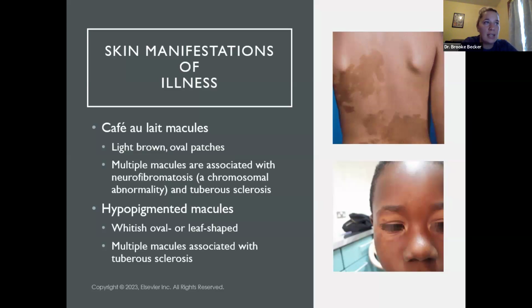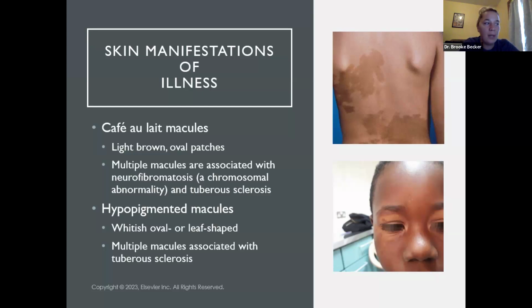So if you notice kids with cafe au lait macules, likely that provider would be referring those kids on to neurology or genetics for further workup to make sure that they don't have neurofibromatosis or tuberous sclerosis.